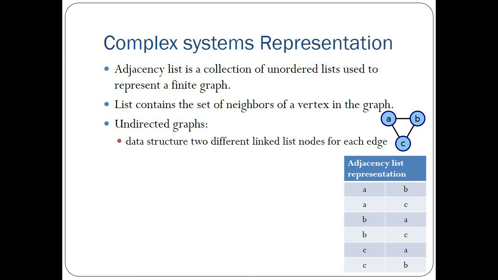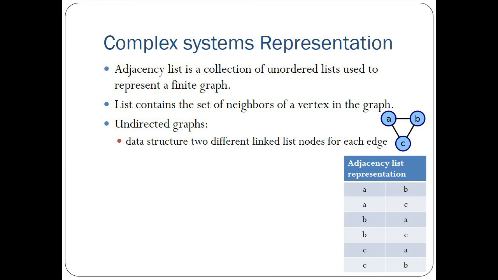For example, the graph shown, ABC, could be represented in the form of an adjacency list: A and B is connected, A and C is connected, B and A is connected, B and C is connected, C and A is connected, C and B is connected. So why do we have both types of connections?